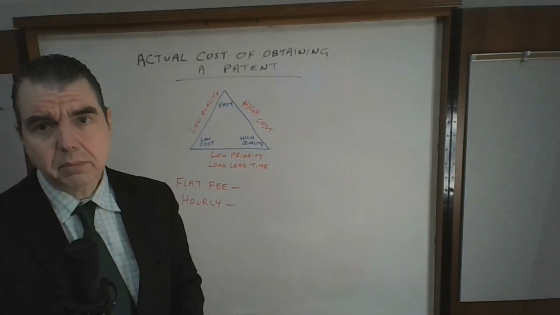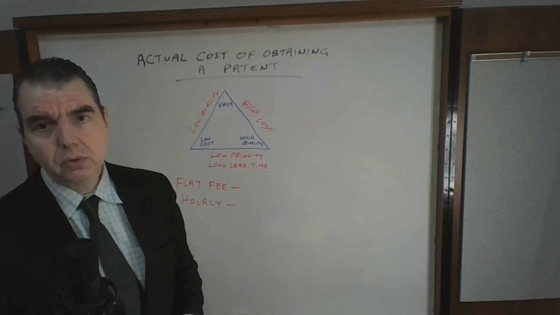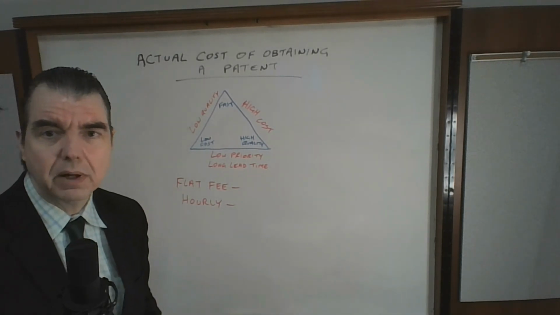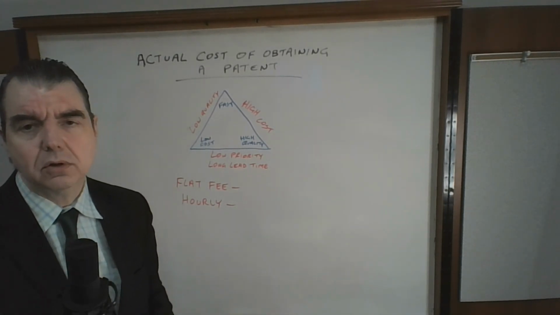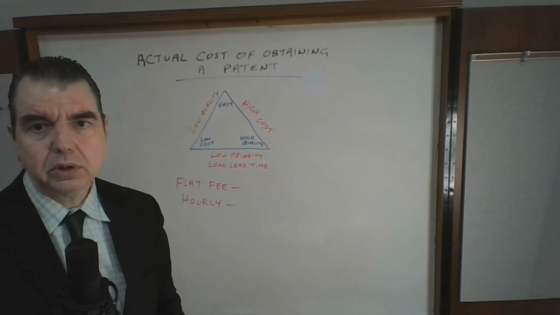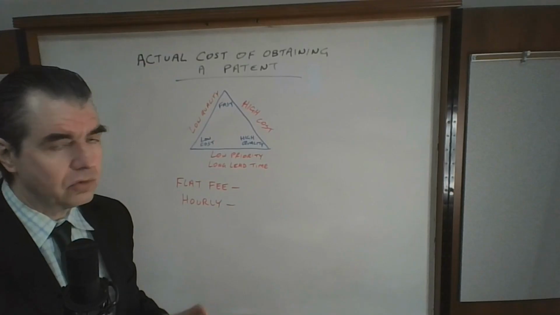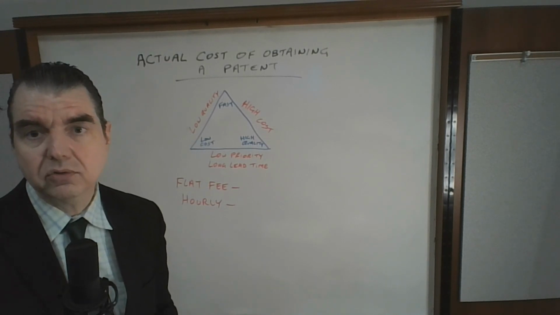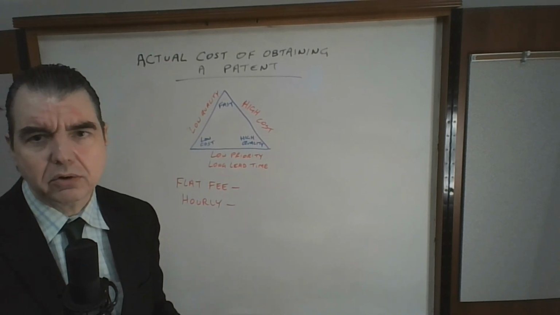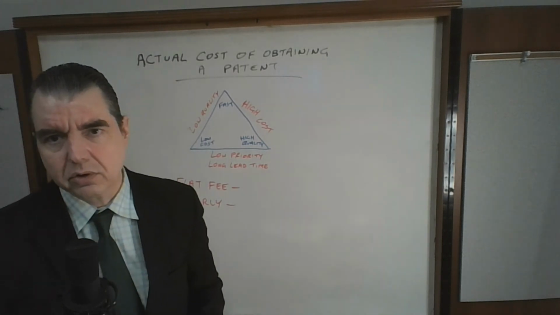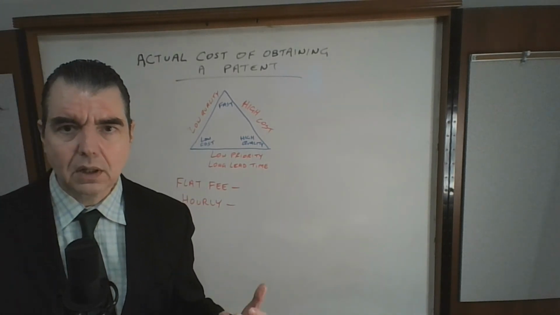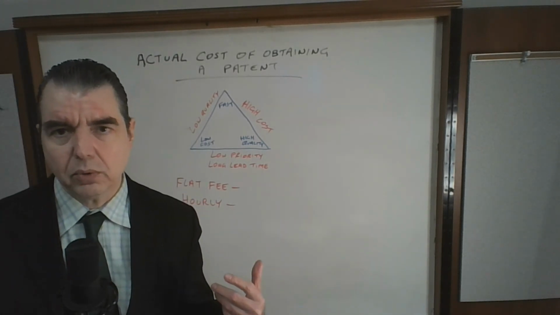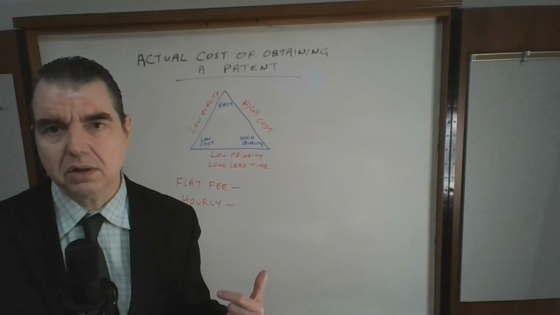What I've found in my law firm experience is that if you are able to get a flat fee, that might sound good on its face, but you have to look closely at what's really going on with the flat fee. Most law firms have partners and associates. The partners are usually shareholders in the firm that get a portion of the revenue that comes into the firm as income.